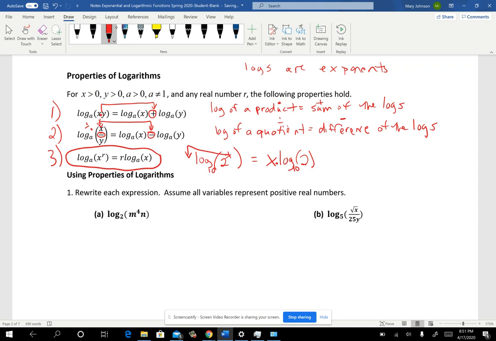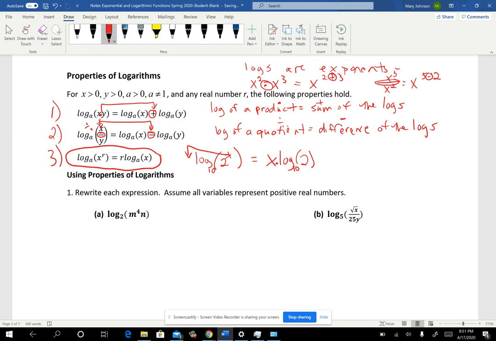You know how if you had x to the second times x to the third, that becomes 2 plus 3, addition, and if you had x to the fifth divided by x to the second, the shortcut was that you could subtract exponents. So the multiplying became addition in your shortcut. The dividing became subtraction. That's an easy way to remember this because logs really are exponents.